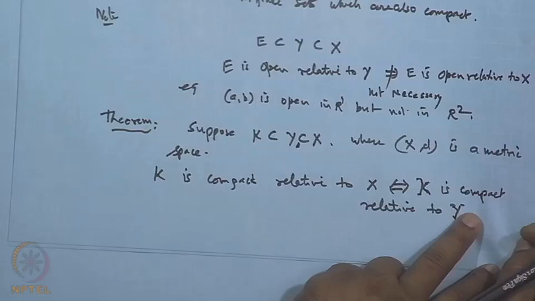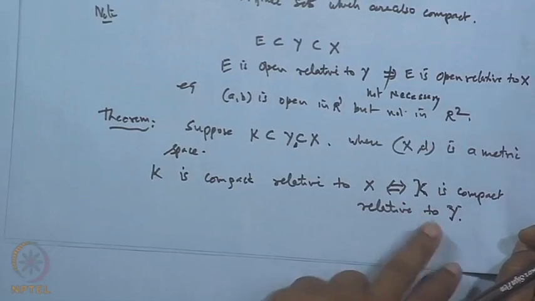So, what we want is that if K is compact with respect to Y, then it has to be compact with respect to X and vice versa.